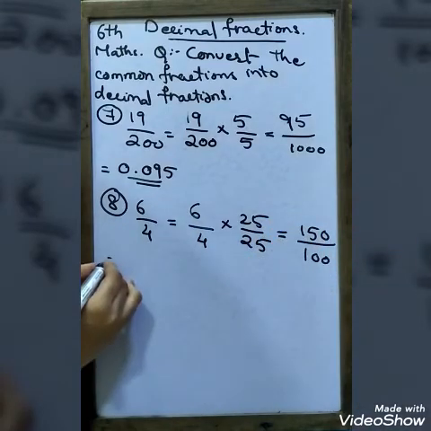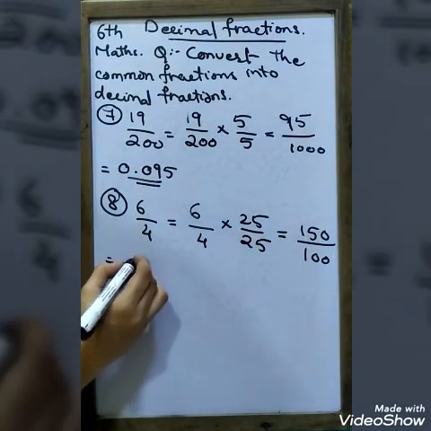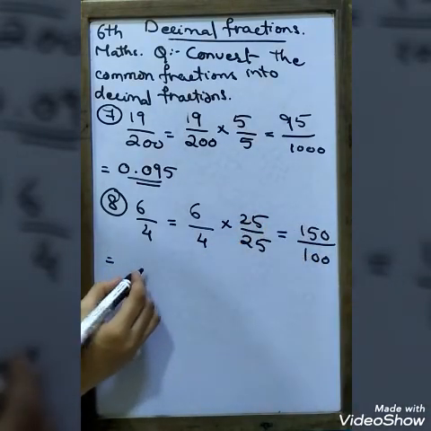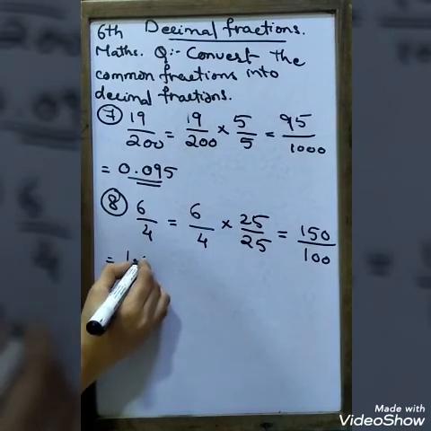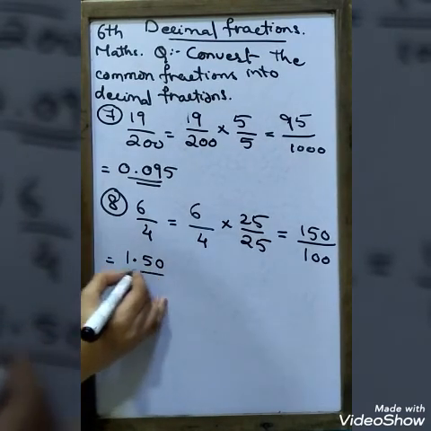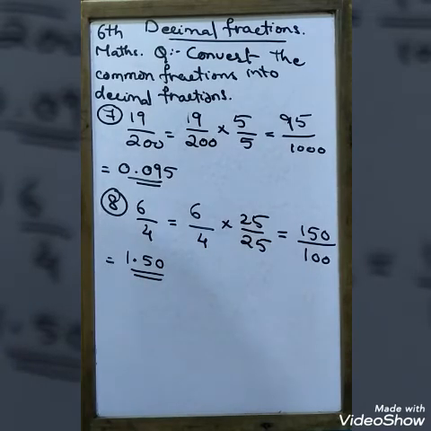So the answer will be, 1 2 3, so here it will become 1.50. So the answer is 1.50.